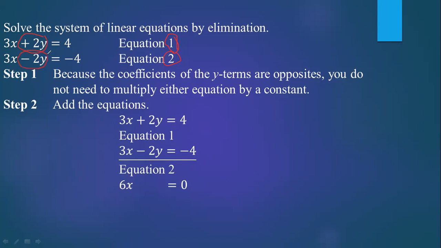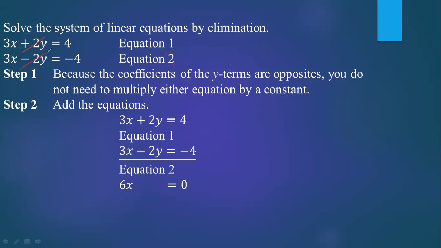If we combine them together, that will equal 0, right? Positive 2y, negative 2y is equal to 0. Can you follow? So that means we can eliminate this one.